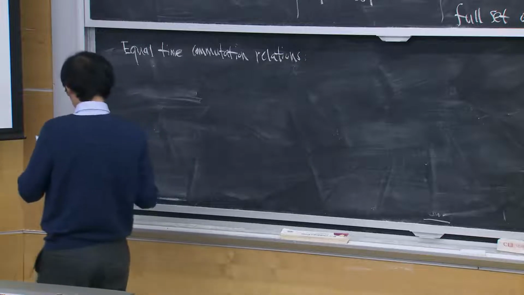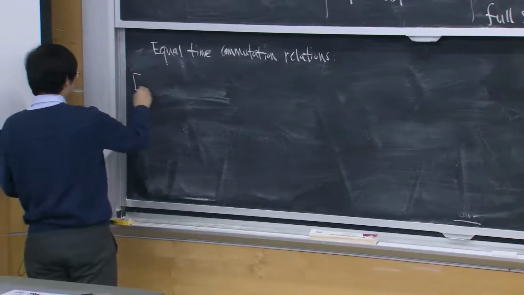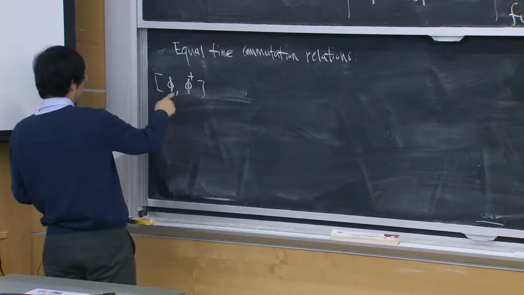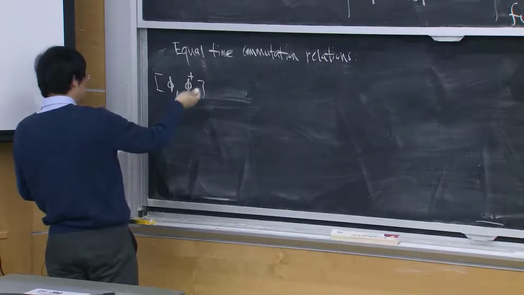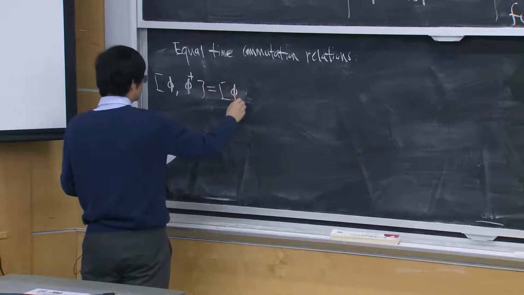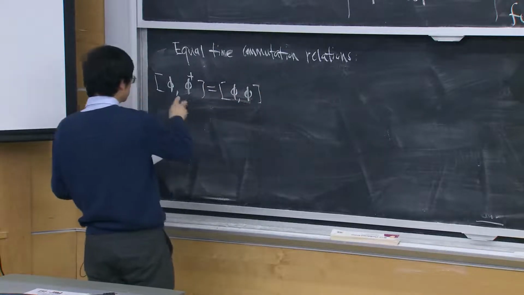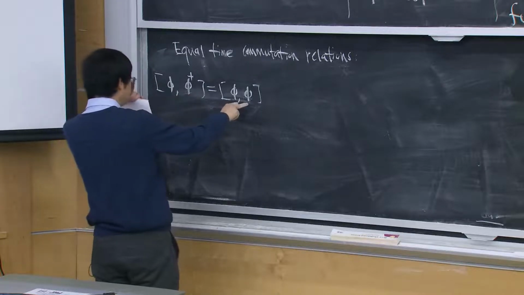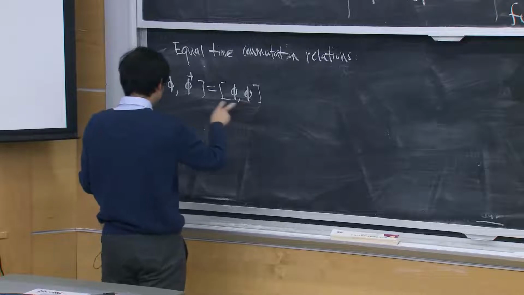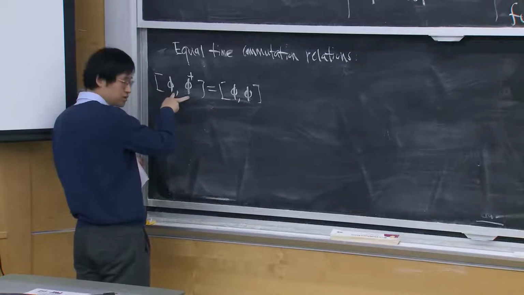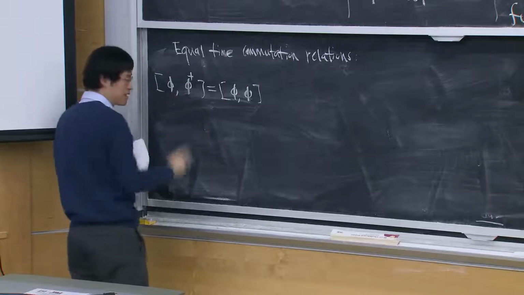Again, these should be simple. So we should have phi dagger. They are considered independent operators, so they should commute with each other. They're all field variables, and phi should commute with itself. All this is evaluated at the same time but different spatial locations.